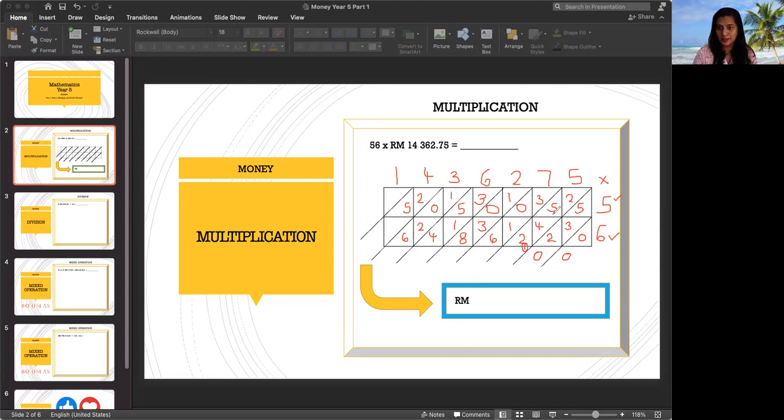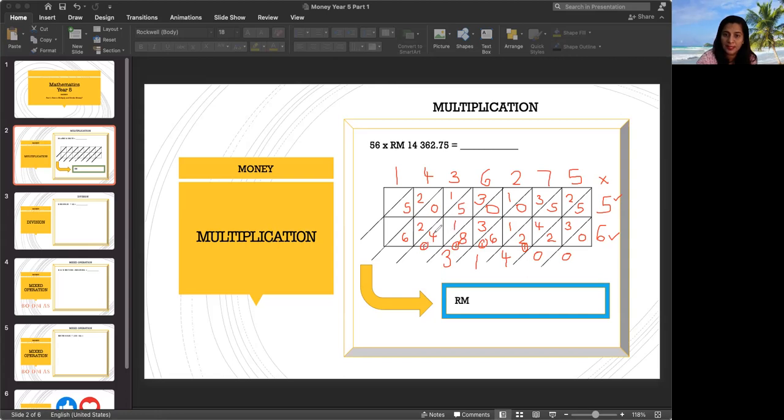Over here, 7, 8, 9, 10, 11, 12, 13, and 14. So 4, carry up to the next house. 3, 4, 4 plus 6, 10, 10 plus 1, 11, carry 1 to the next house. 11, 12, 13, so 3, carry up 1 to the next house.